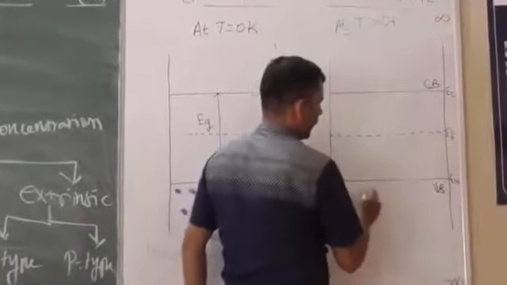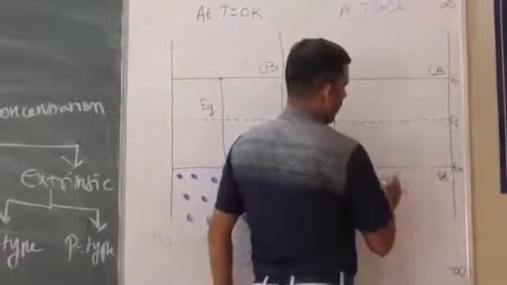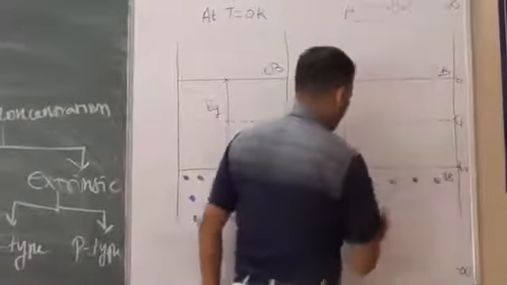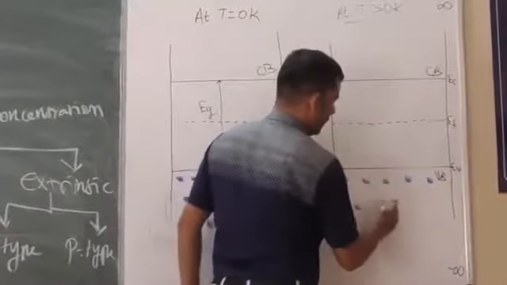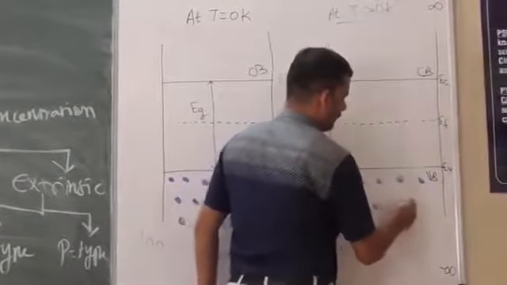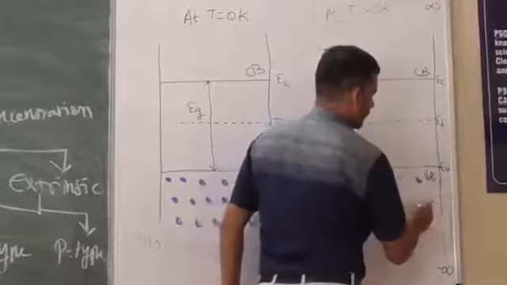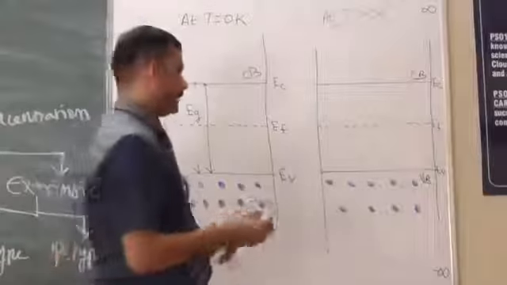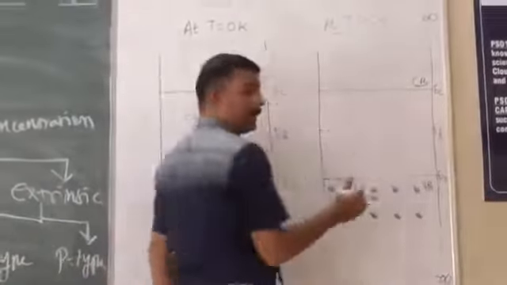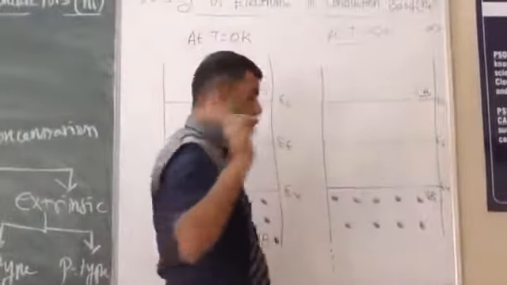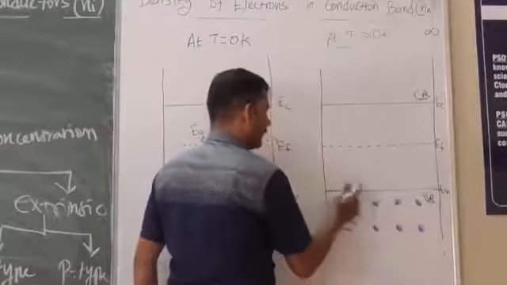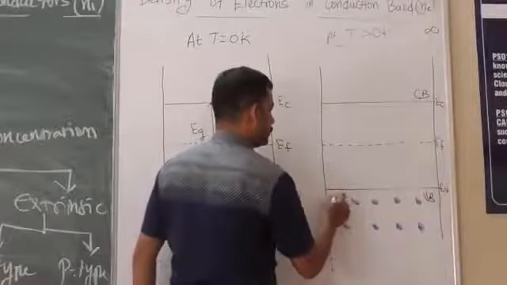we already knew that all the valence electrons are completely occupied in the valence band in the absence of a thermal field. Now when the field is applied, what happens?